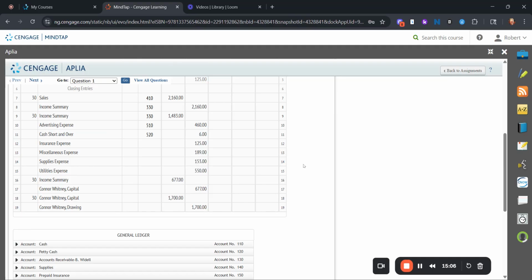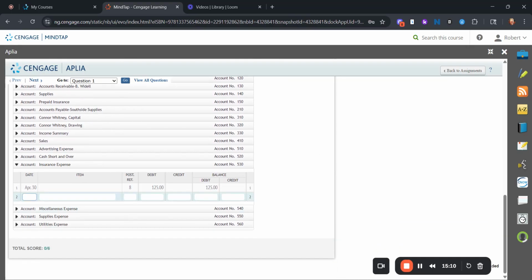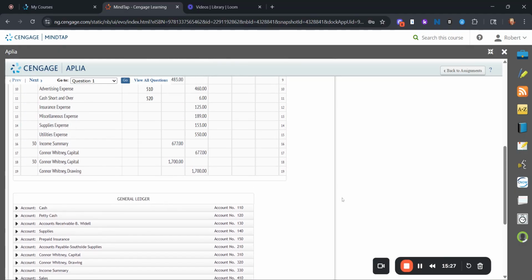Insurance expense, $125. By now you can see the pattern, closing all the accounts out for the end of the month. They have miscellaneous expense.